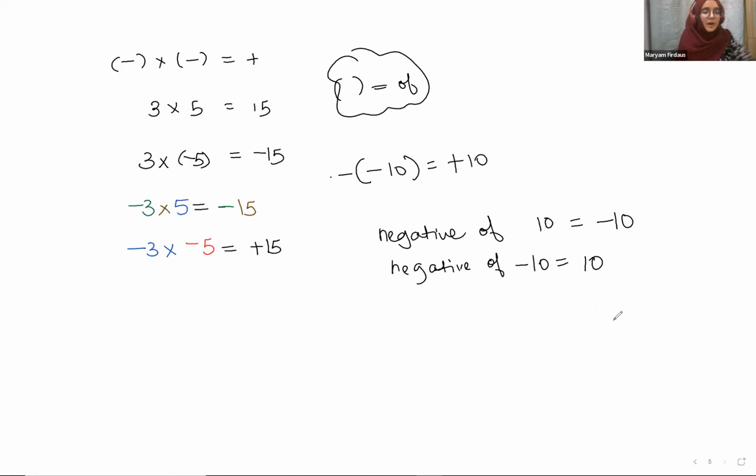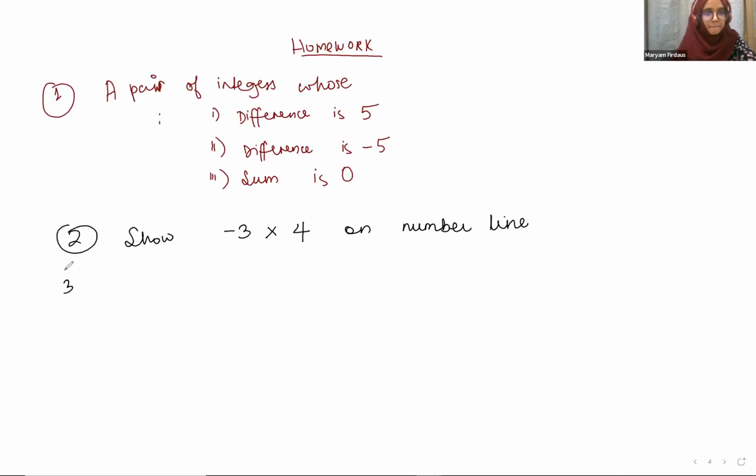So for this class, we will just leave it here itself. Let me just give you a few questions as homework. Let's just go back to the homework page. You have to fill in the blanks for this.